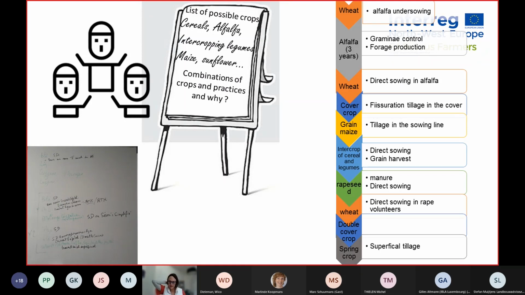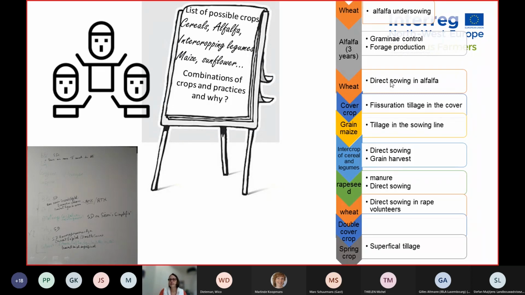I won't go into detail in this presentation, but the main point in this rotation is the introduction of alfalfa for gramineal control and to increase forage production.